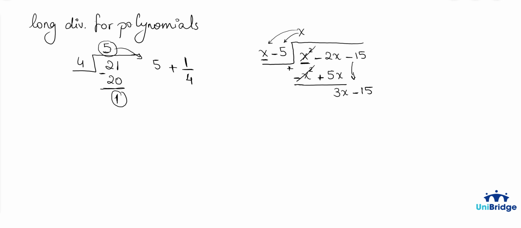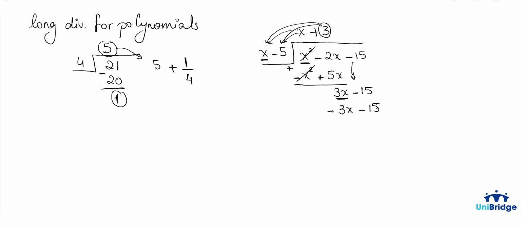You repeat your steps. So the first step is you take the first term here divided by the first term here. So 3x divided by x, you get plus 3. So you put plus 3 up here. You take the 3 that you just got, you multiply it by the two terms you have here. So 3 multiplied by x is 3x. 3 multiplied by negative 5 is negative 15.